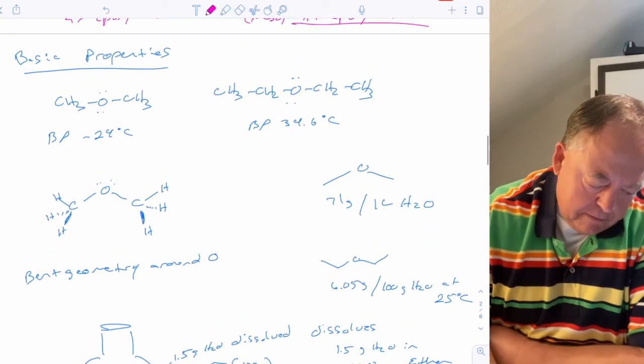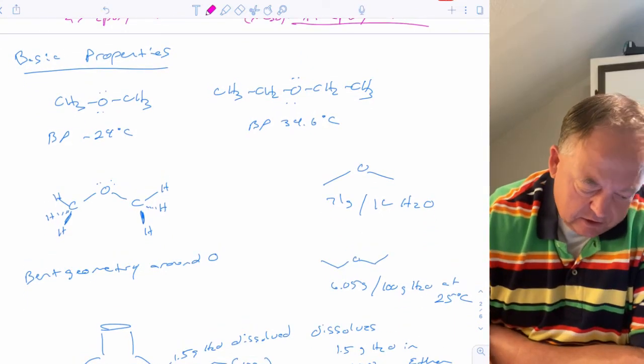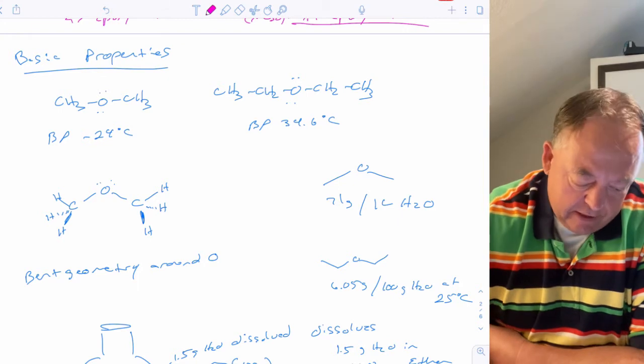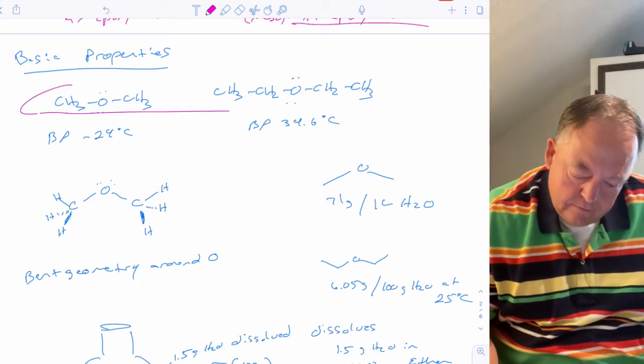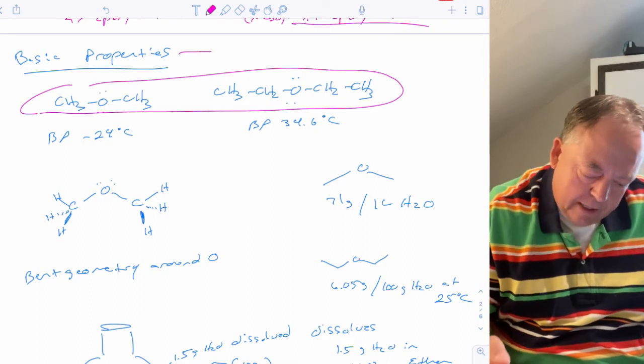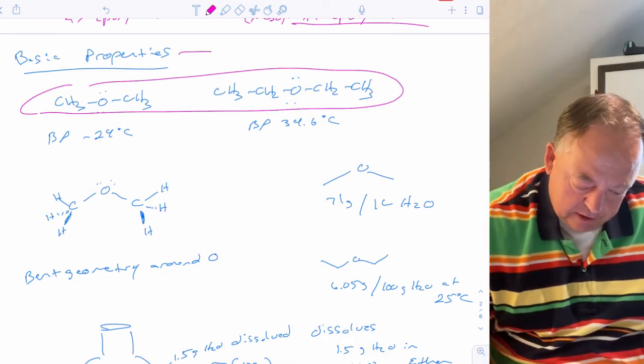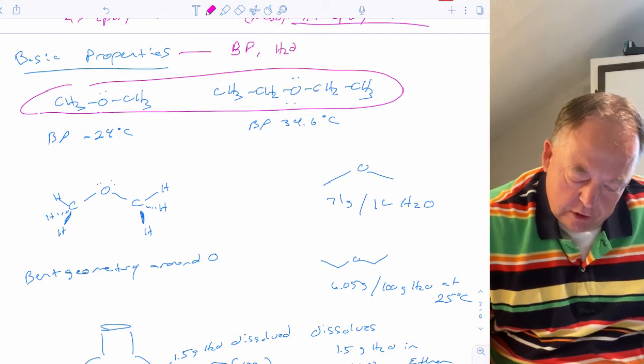Okay, so if we look at the basic properties, some of the fundamental properties of ethers. If we compare these 2 ethers, we're going to be looking at things like boiling point and H2O solubility.